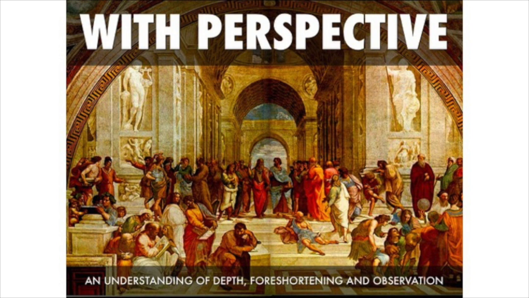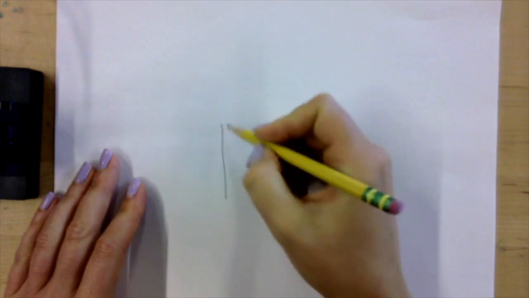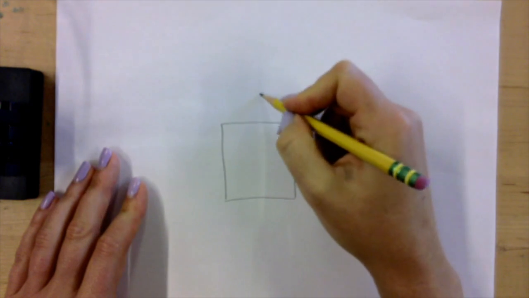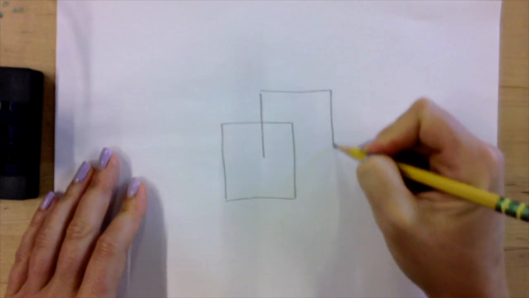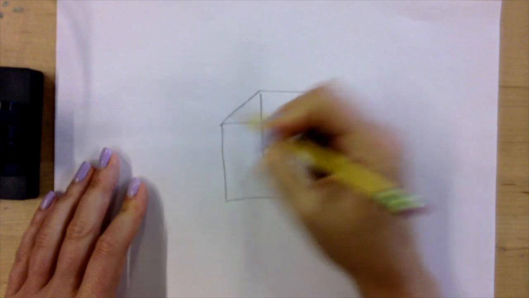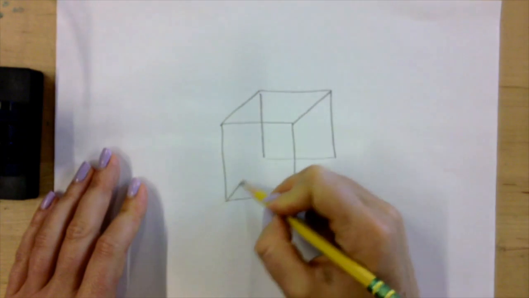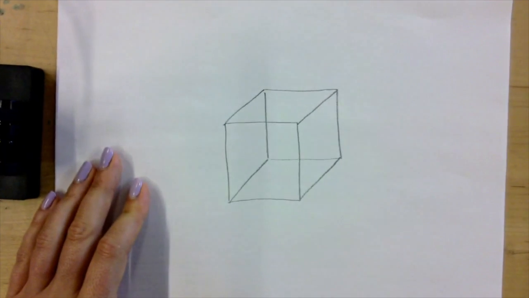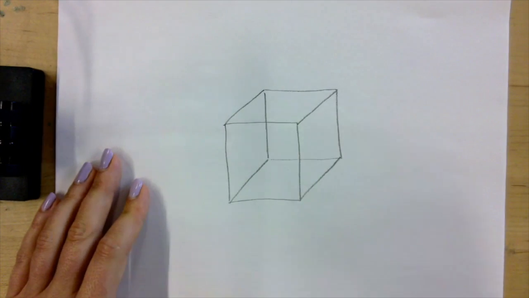So the reason I want to show this to you is because if I were to ask you right now to, let's say, draw a cube, what most people would do is draw something like this. Now, sure, this is a good shortcut, but this doesn't actually teach you why you had to draw it like this.